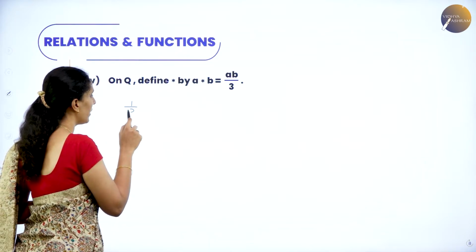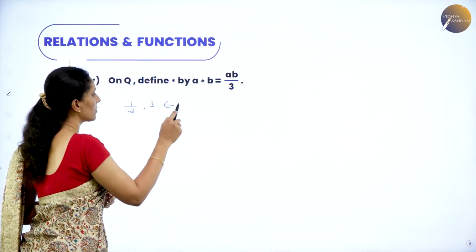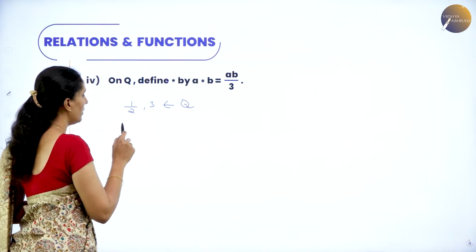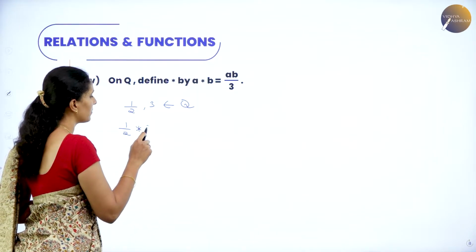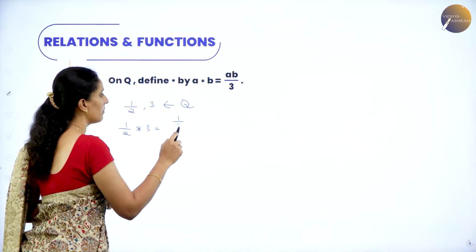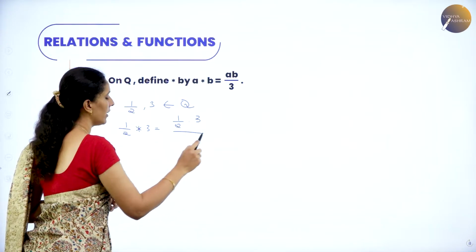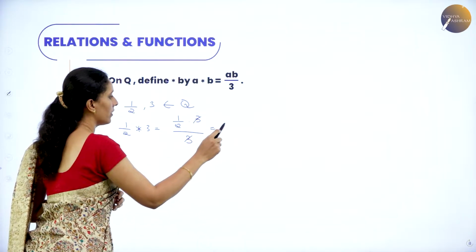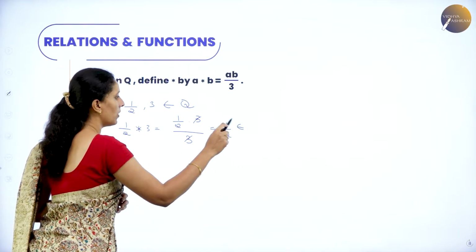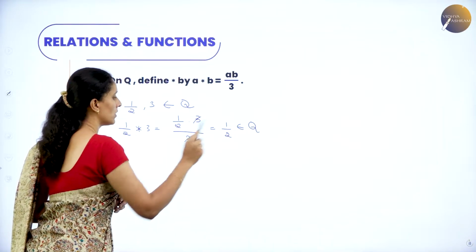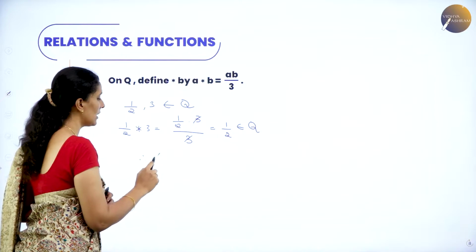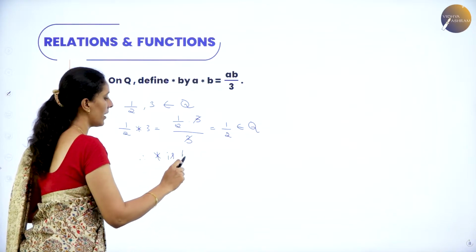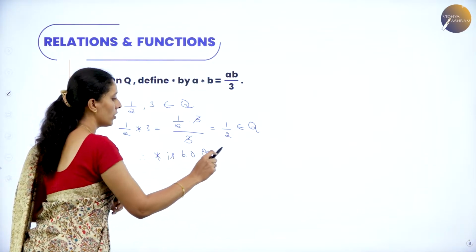Let me take 1 by 2 and 3 belongs to Q. So then 1 by 2 star 3 can be written as 1 by 2 into 3 divided by 3, which is half again, which belongs to the set Q. So therefore I can say here star is a binary operation on Q.